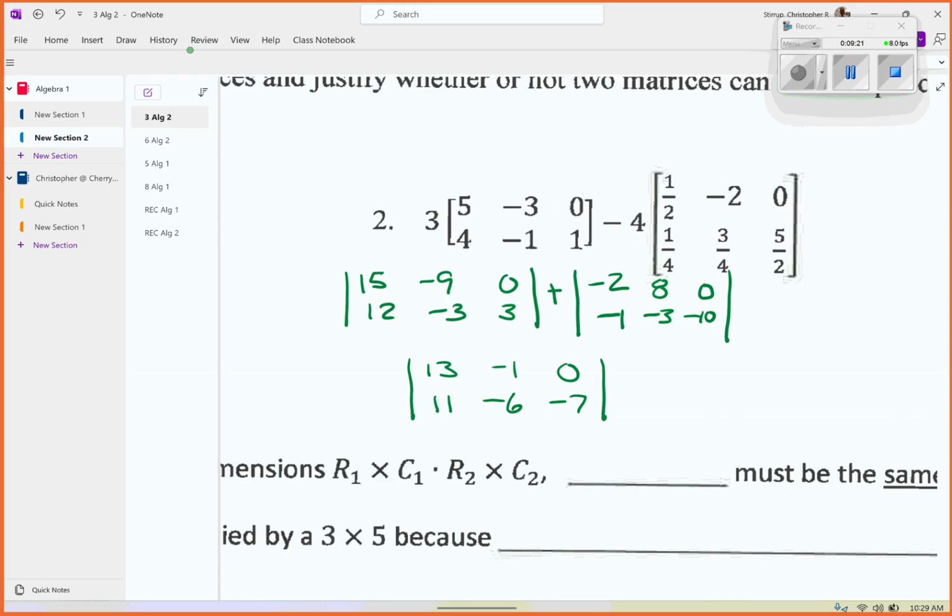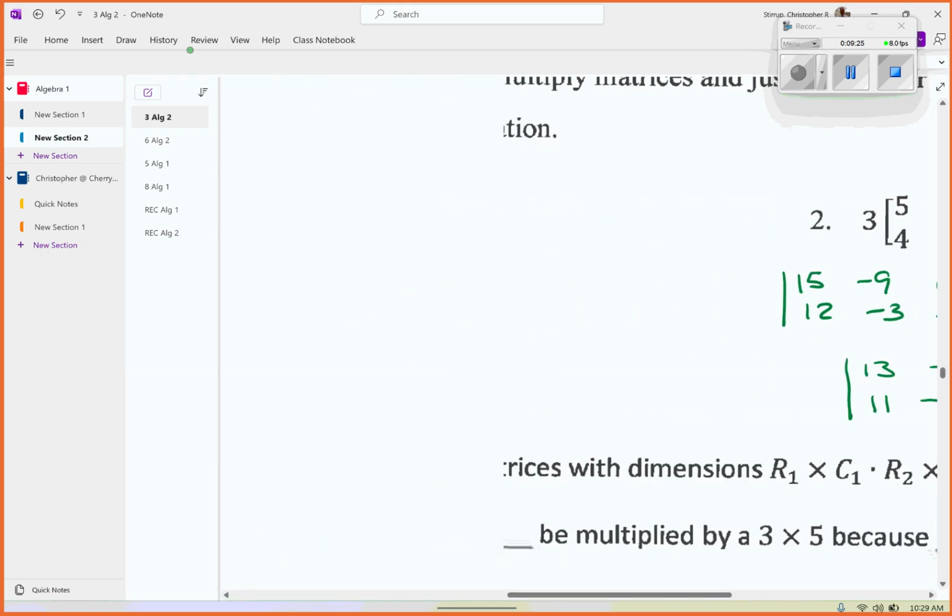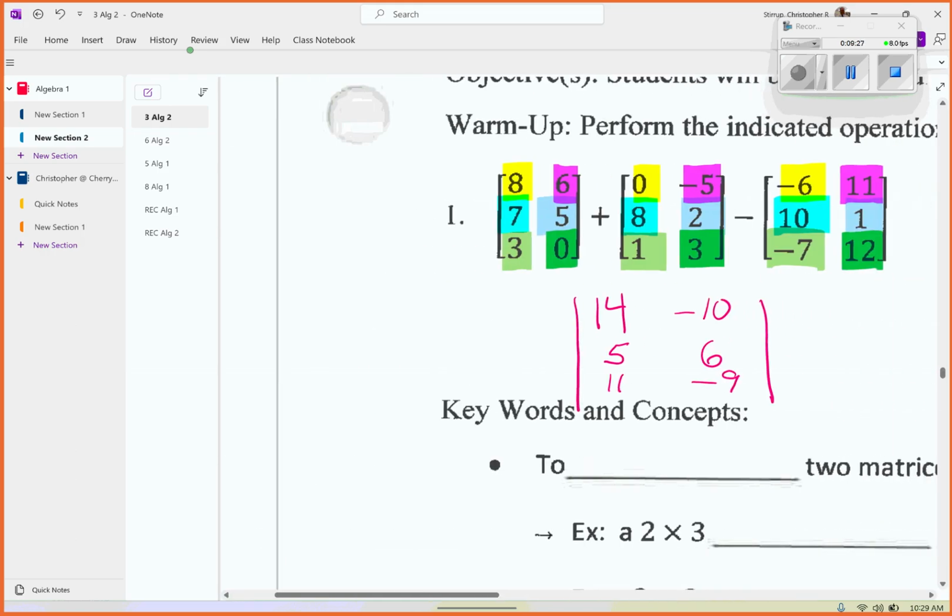On the problem we did over here, I didn't change all of these signs. I just went 8 plus 0 minus negative 6, so plus 6. So I had already distributed. I was already carrying it through when I was talking through doing all the different colors.